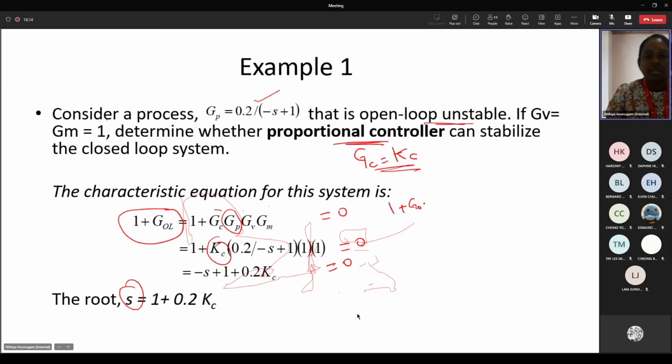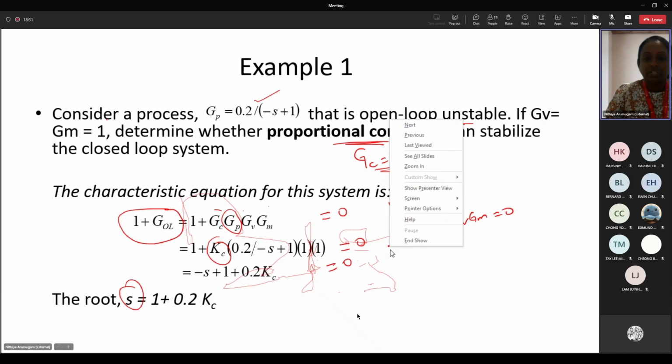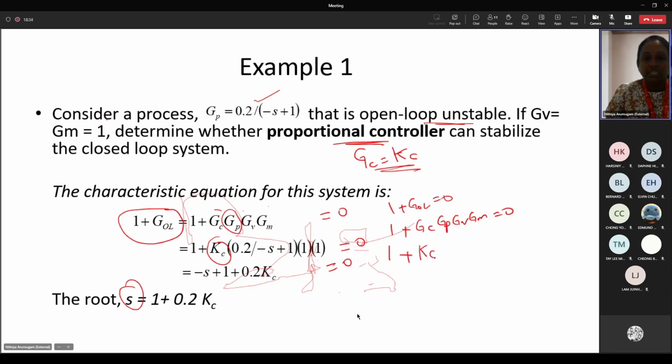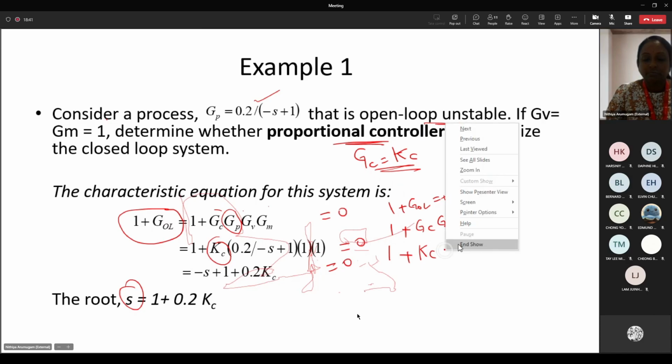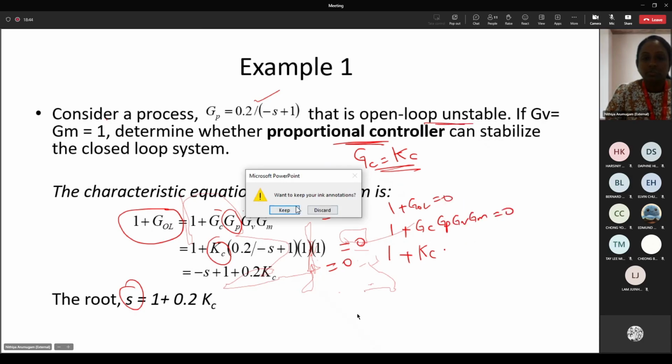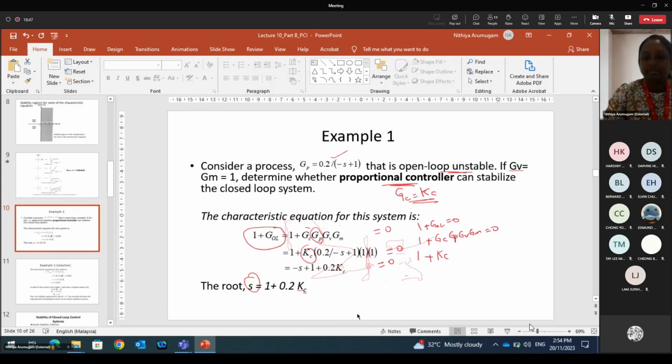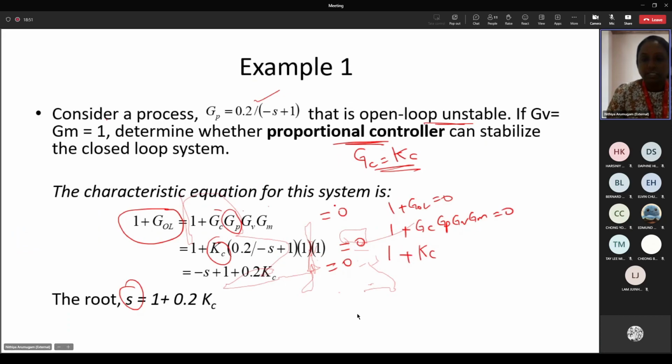So 1 plus GOL equals 0, which is 1 plus Gc, Gp, Gv, Gm equals 0. Here it is expressed as 1 plus Kc times 0.2 over negative s plus 1, times 1 times 1, equals 0.